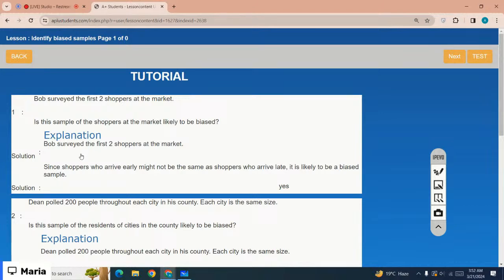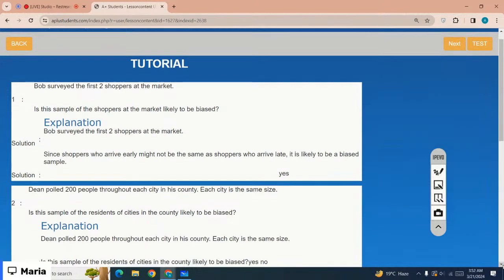Since shoppers who arrive early might not be the same as the shoppers who arrived late, it is likely to be a biased sample, right? That means the ones who arrive early are not the same as the ones who might arrive late. So that means the sample is biased, right?